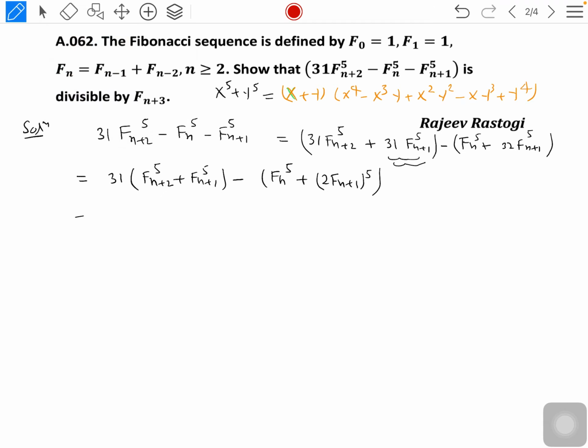So if we factorize both expressions, then we can write the first factor as f(n+2) plus f(n+1).